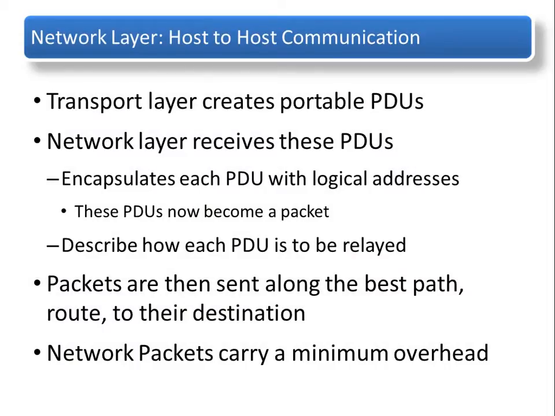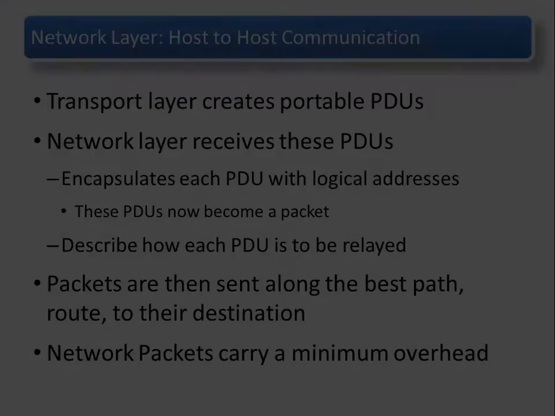To accomplish this, the network layer encapsulates segments into packets. These new PDUs contain logical addresses used to describe how to relay the message. An intermediary device, like a router, uses this information to determine the best path to the final destination. In addition to this, the router also uses this information to direct messages along efficiently and safely.